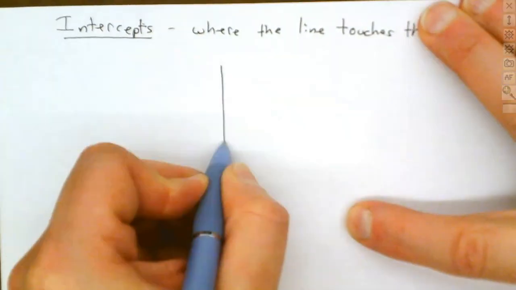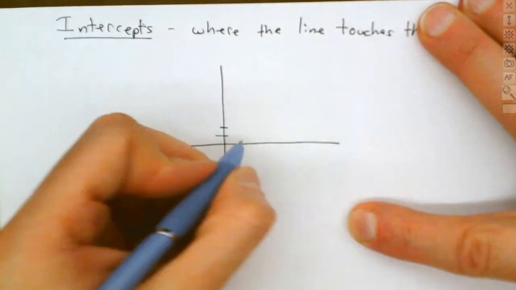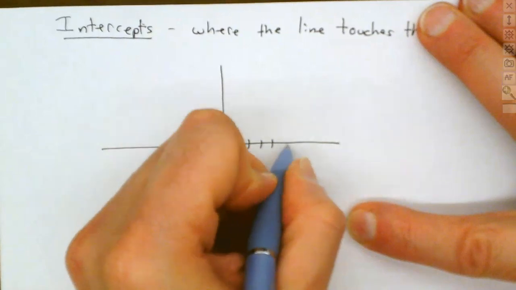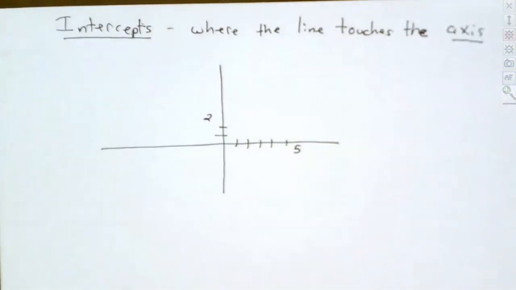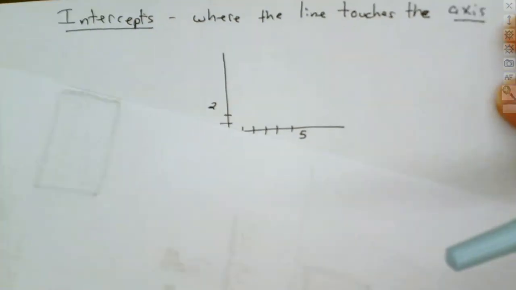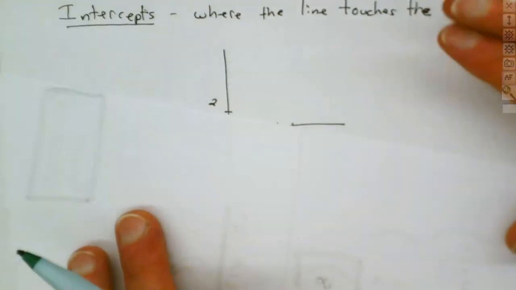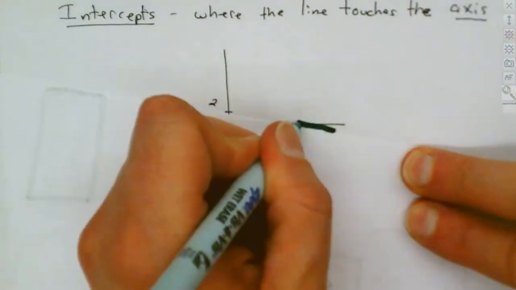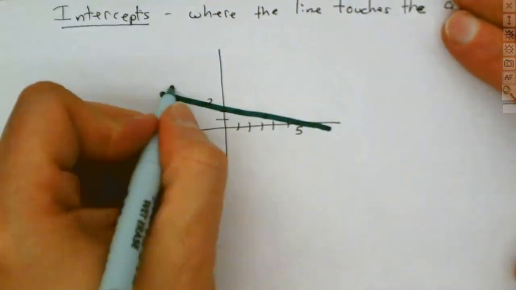So here's a graph of a line. I'm going to graph a line here, and we're going to find the intercepts. We're going to find the intercepts as ordered pairs. So here's our line.